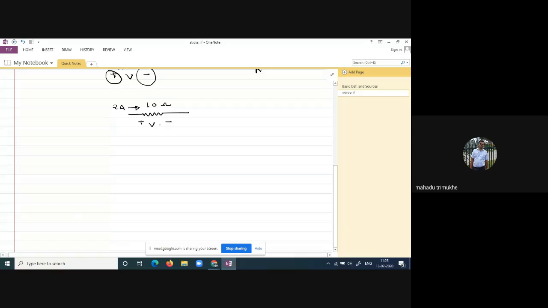Then you have to find the voltage using Ohm's law. We can directly use the simple formula for the voltage present in the particular network. That is V is equal to I into R. Right? I is already known, that is 2, multiplied by the resistance 10. What is it here? That is 20.